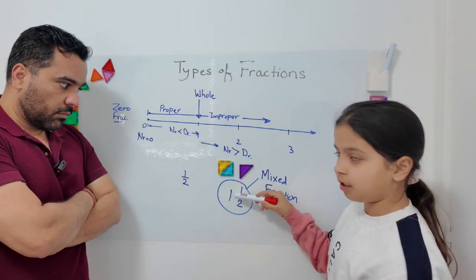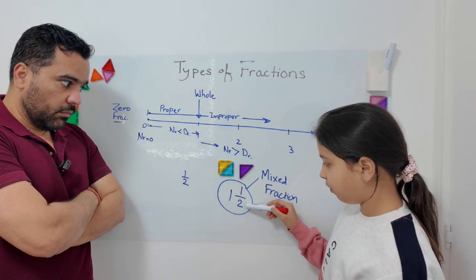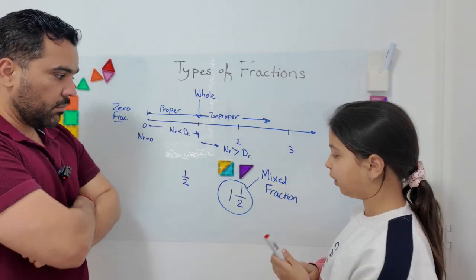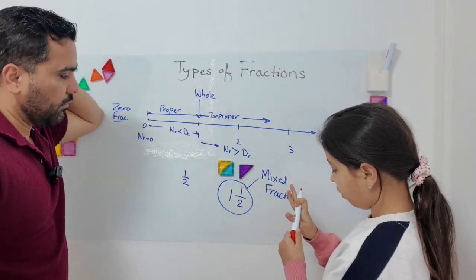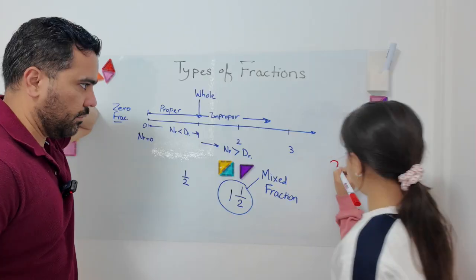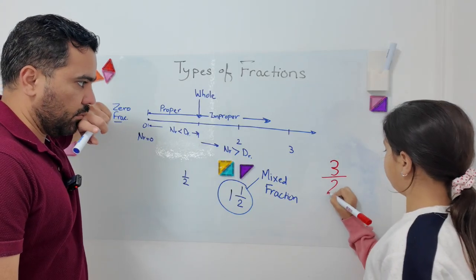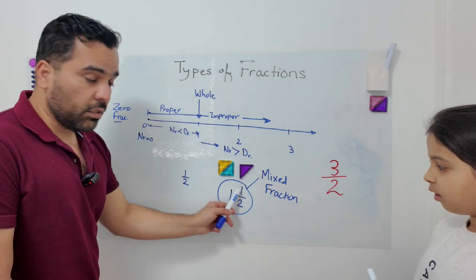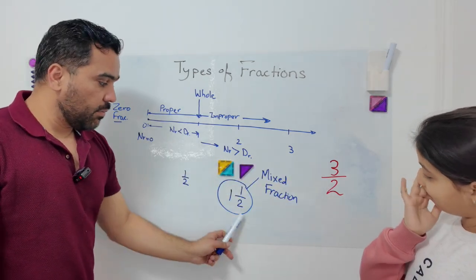And then you must add the numerator to whatever you got when you multiplied the denominator and the whole number. In this case, it is 3/2. So 2 times 1 is 2, added 1 is 3, divided by 2.